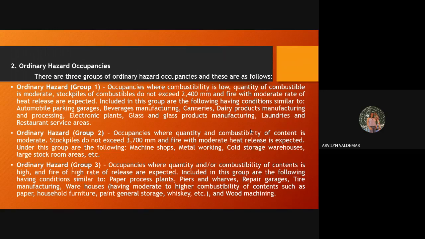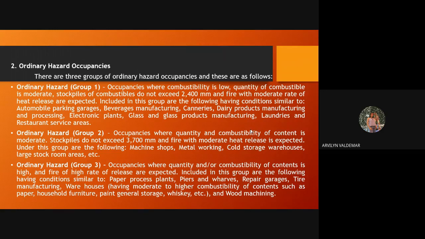Included in this group are the following having conditions similar to automobile parking garages, beverage manufacturing, canneries, dairy products manufacturing and processing, electronic plants, glass and glass product manufacturing, laundries, and restaurant service areas.